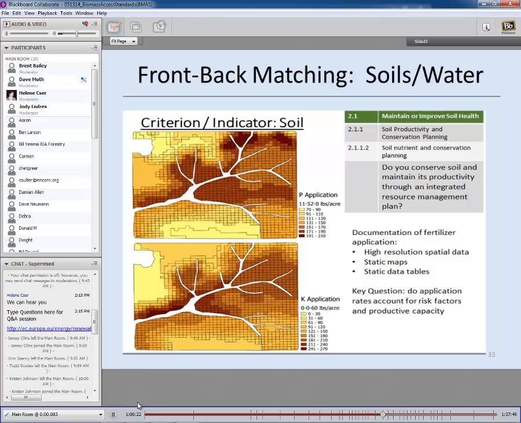And then as you move through this soil nutrient and conservation planning portion of the question set, you get into how do you maintain soil productivity, and what is that integrated plan that you pull in. This is again a place where we have very rich machine-generated data.